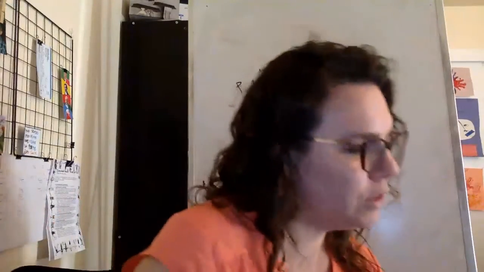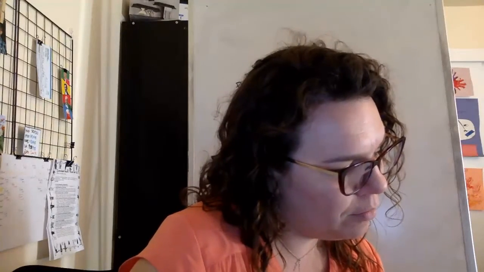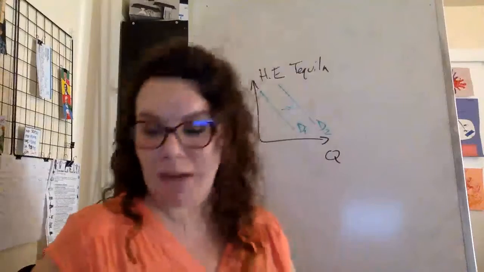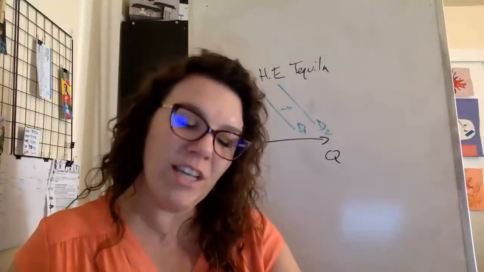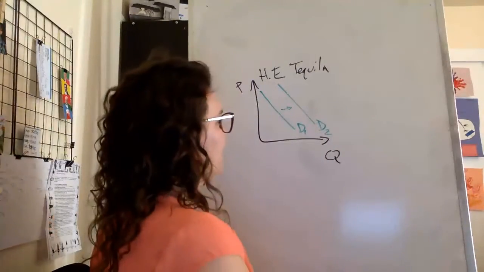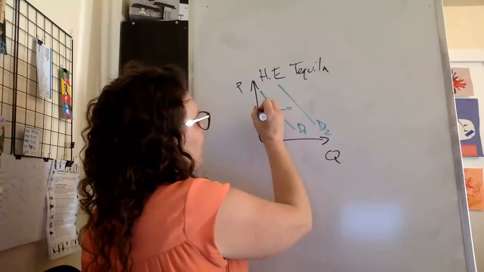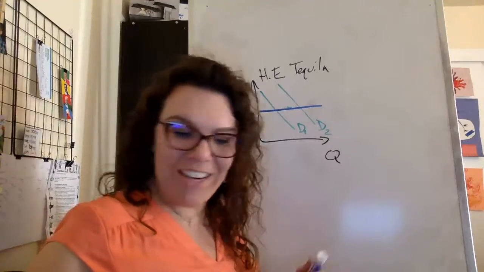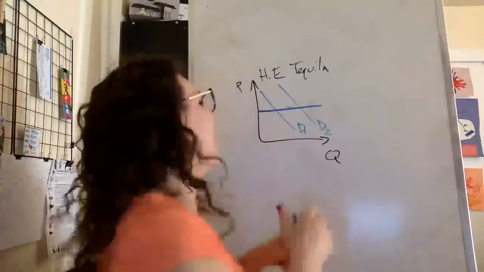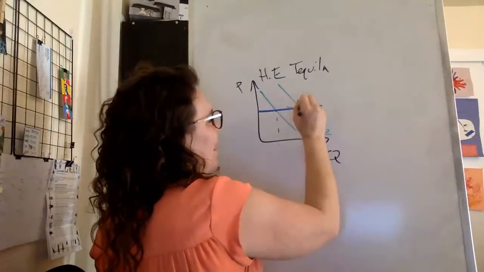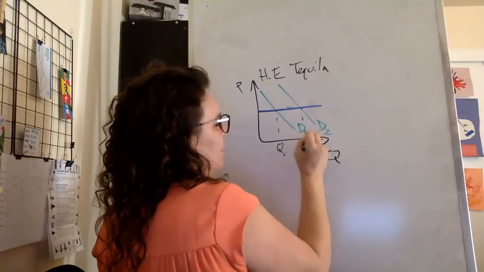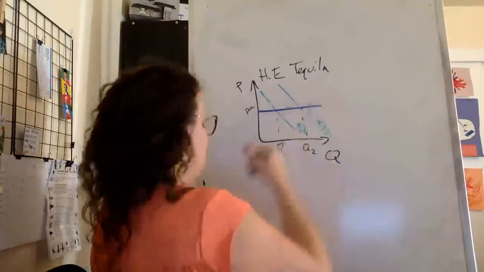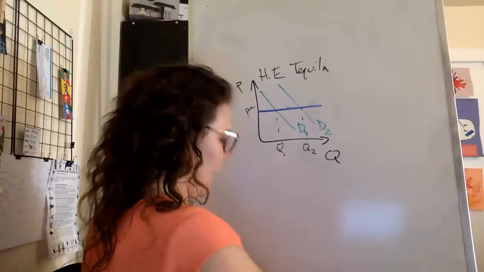And then it also says the price of high-end tequilas, which have been growing in popularity, has remained stable. So if the price isn't changing, what does that tell us about the supply curve? Well, if the price stays the same, even though we have an increase in demand, that tells us that supply may likely be perfectly elastic because there's no change, right?